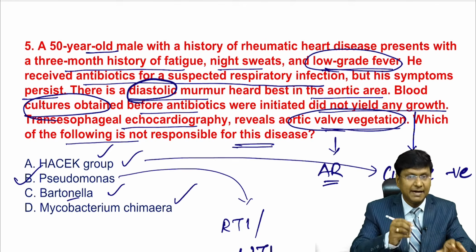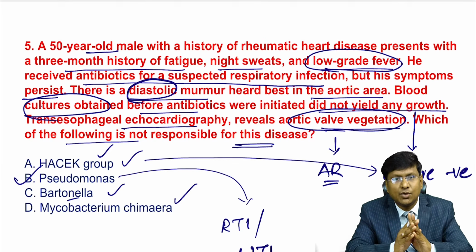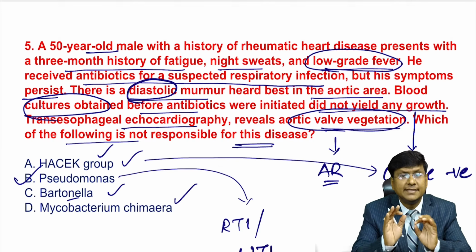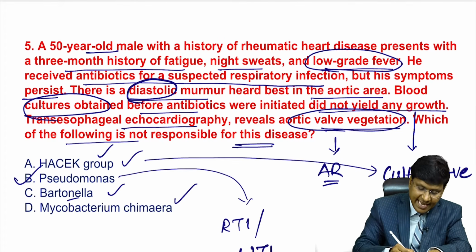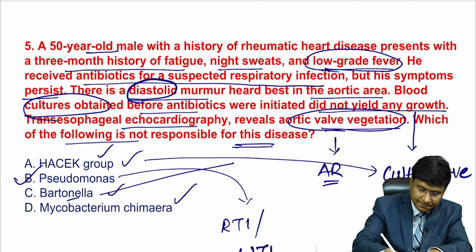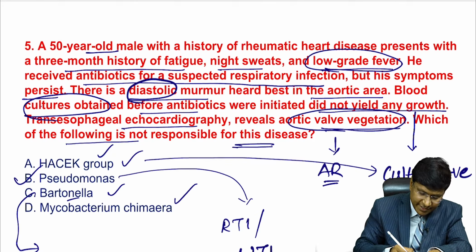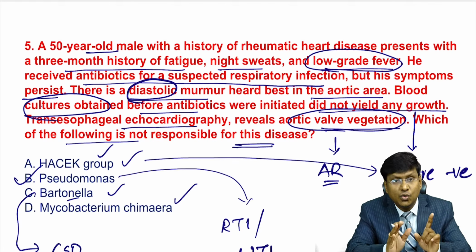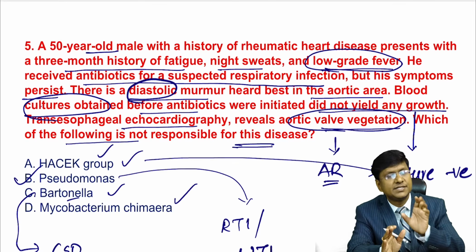Then you take Bartonella. Bartonella are known to cause infective endocarditis, including culture negative cases. These organisms are associated with conditions like cat scratch disease, right? And they can lead to culture negative results in the blood culture.